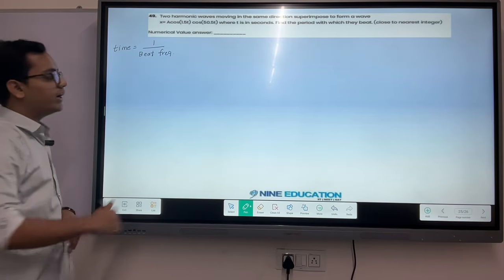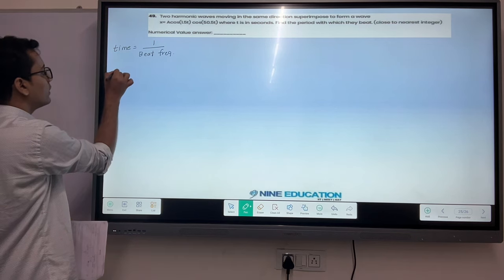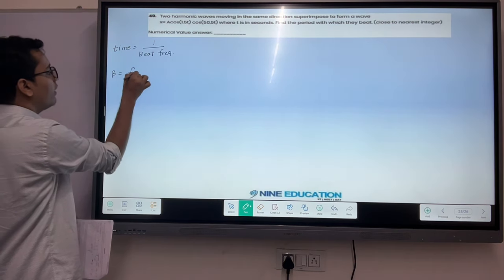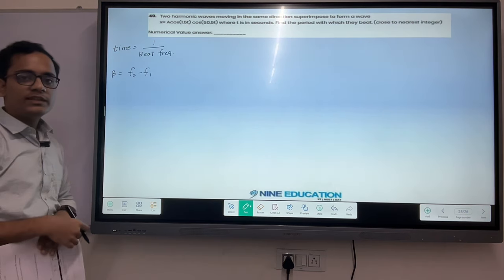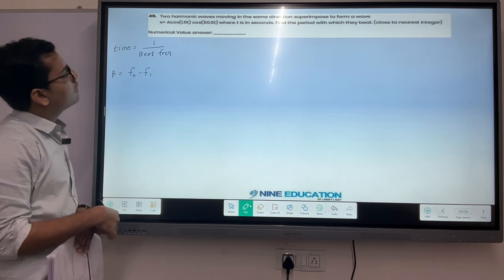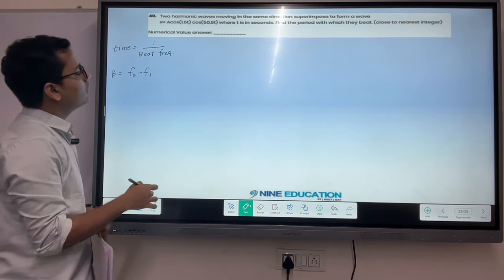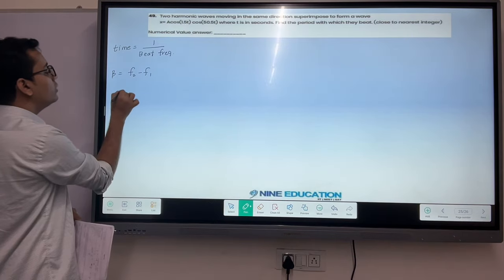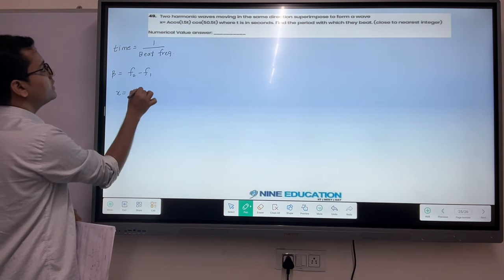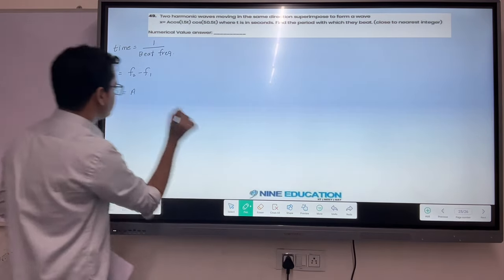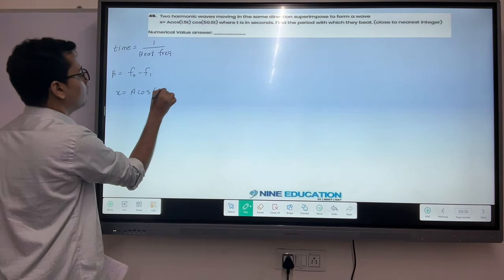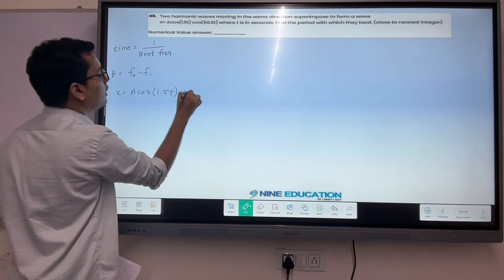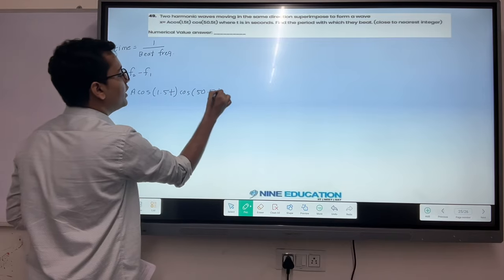Okay, how do you calculate the beat frequency? F2 minus F1, the frequency difference between the two. So first of all we need to find the two equations of two different waves. X is equal to A cos 1.5t cos 50.5t.